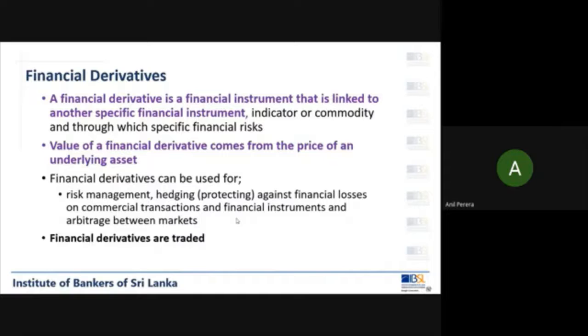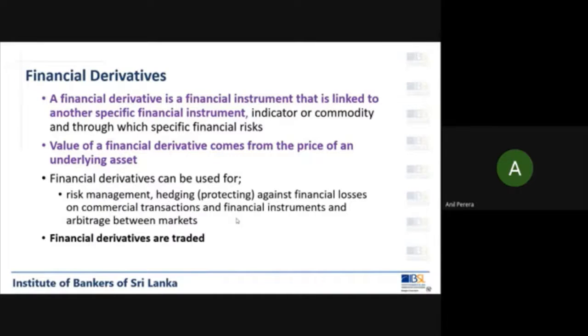Arbitrage means you purchase or sell in one market at a particular price, and you purchase or sell in another market at a particular price. So basically transacting in two markets. Why does this happen? Because then you can earn some profit out of that.